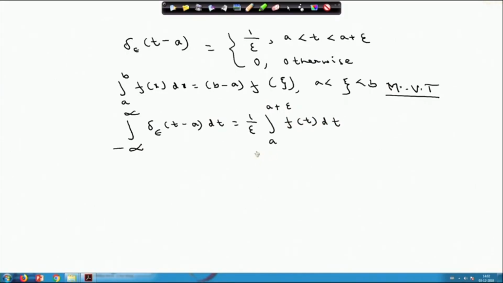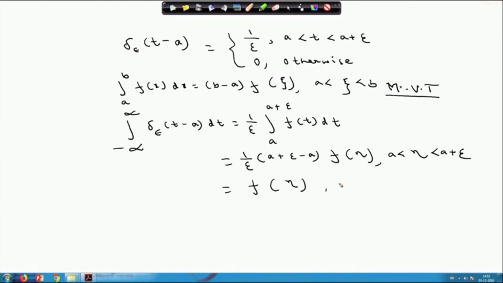Using the mean value theorem I can write 1 by epsilon into a plus epsilon minus a into f of some other point eta, where eta lies between a to a plus epsilon. So, ultimately this epsilon would be cancelled and you are obtaining the value, with a less than eta less than a plus epsilon.